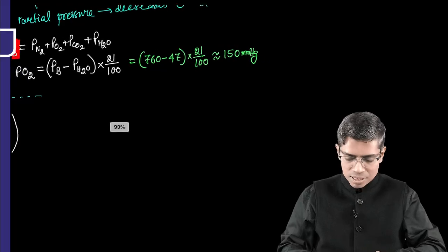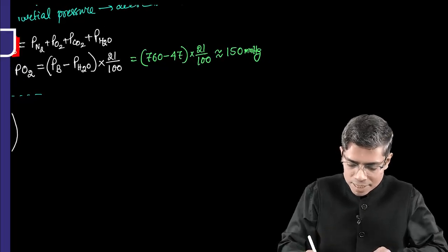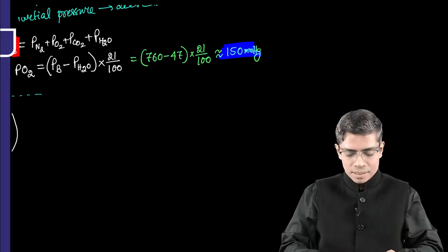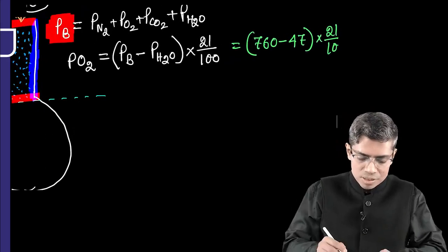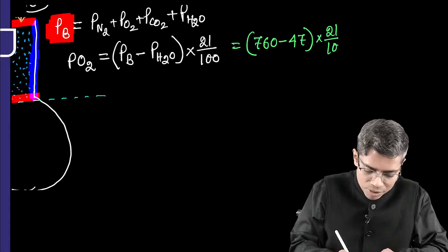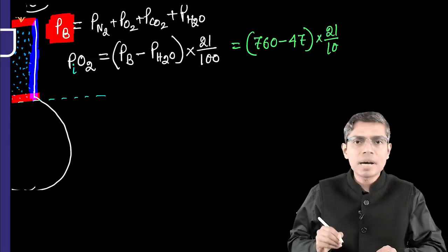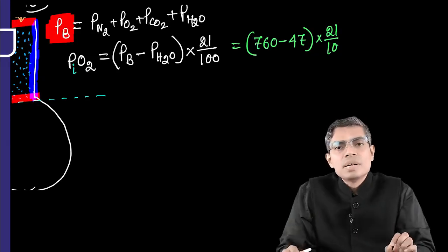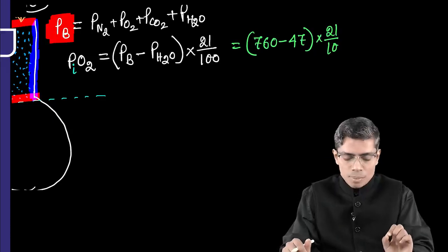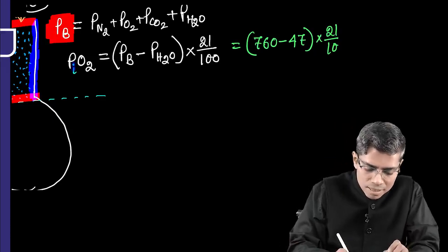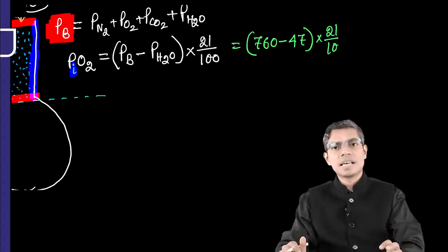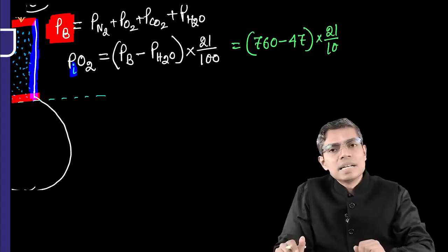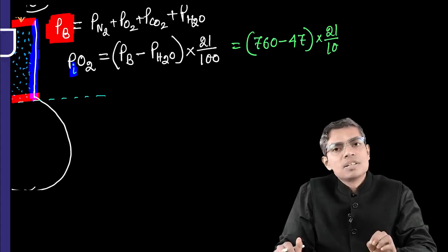The partial pressure of oxygen which we calculate at the level of the conducting zone is known as the partial pressure of oxygen in the inspiratory gas, PiO2, small i or capital I, whatever. Inspiratory gas means the gas which has already entered the conducting zone.